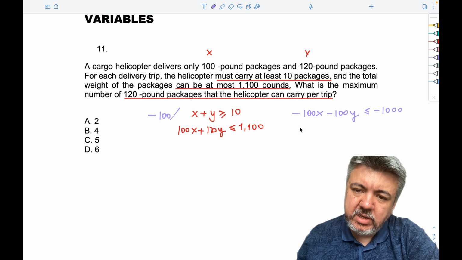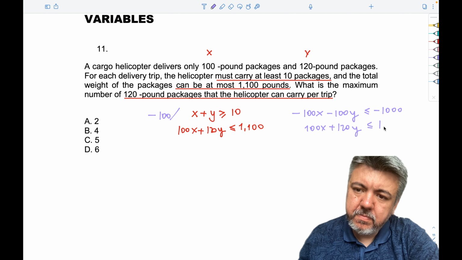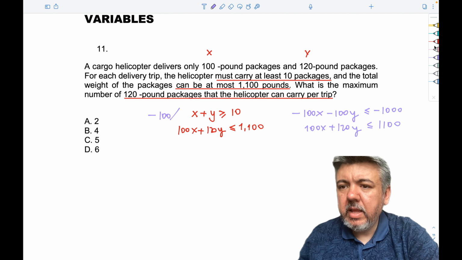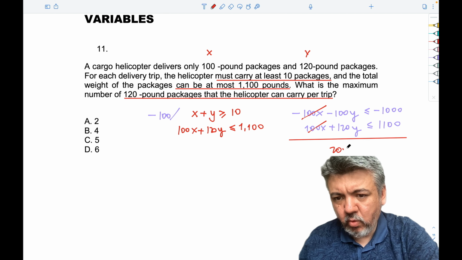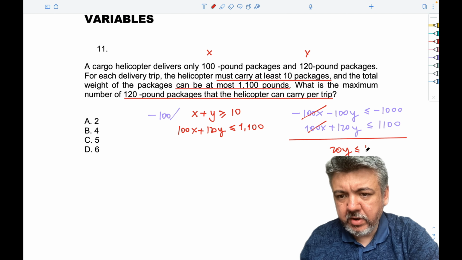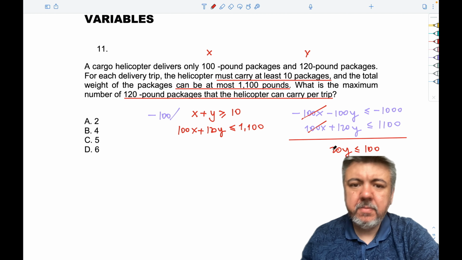The other is the same. Let's add them side by side. 100x is cancelled. 20y less than or equal to 100. y is less than or equal to 5.